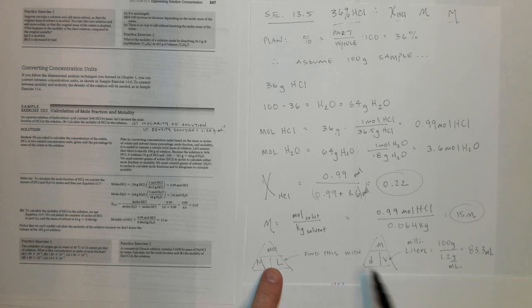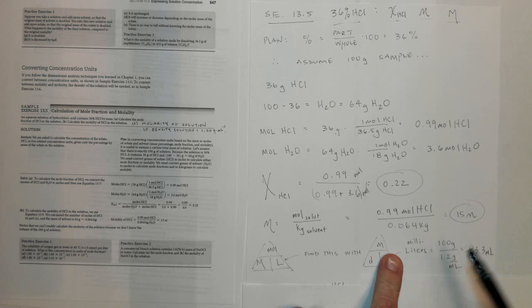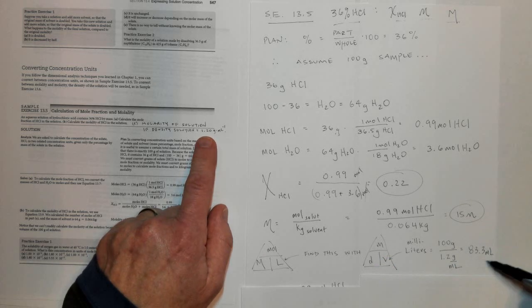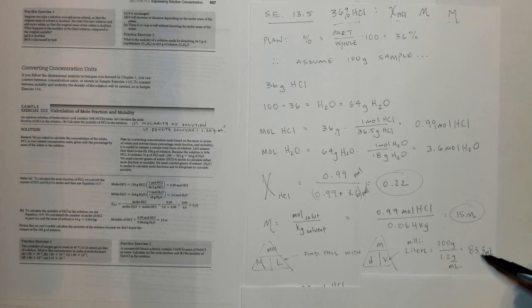You can find this by using the density triangle, because density is equal to mass divided by volume. If you want to find the volume, you solve for V, which is equal to the 100 grams of solution divided by the density, which we are told is 1.2 grams per milliliter, and we end up with 83.3 milliliters of solution.